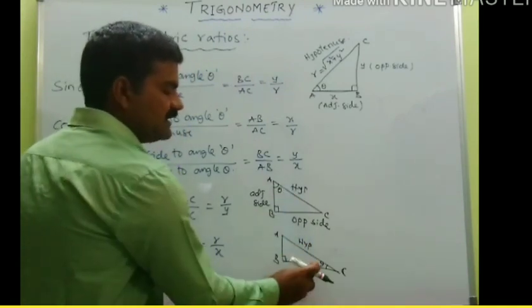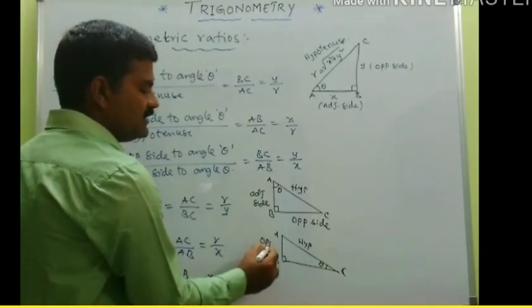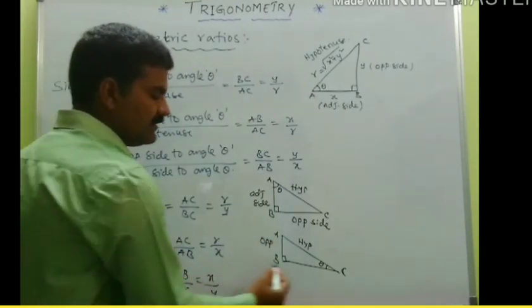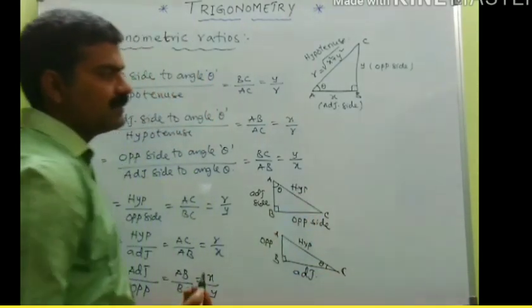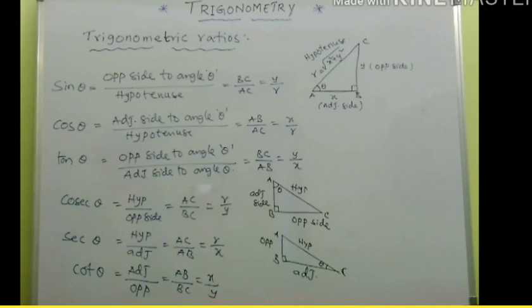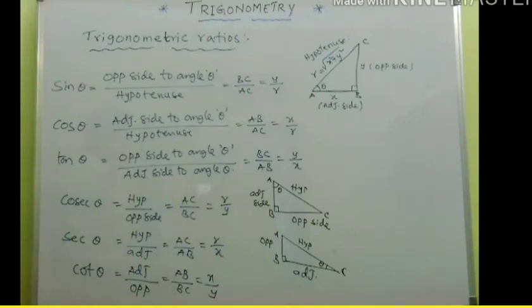Now since theta is at C, the opposite side to theta is AB, whereas BC is the adjacent side. So please take care about the position of the angle theta. According to its position, the opposite side and adjacent side are considered.